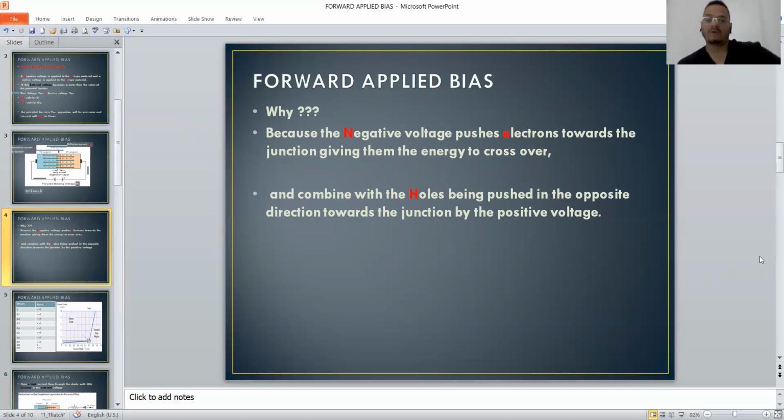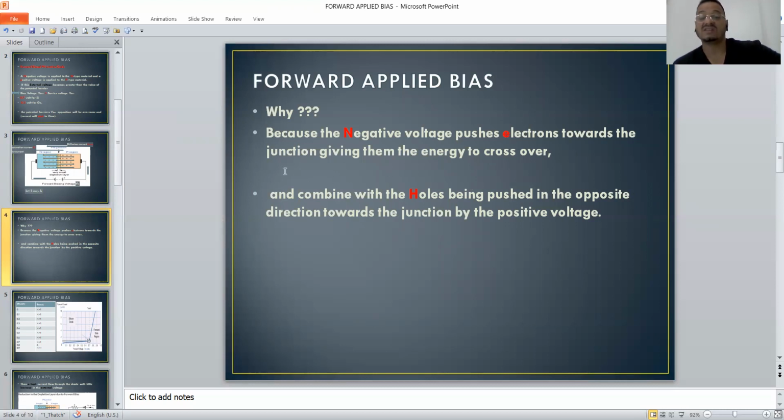Because the negative voltage pushes the electrons. Here we're talking specifically about inside the N region. The negative voltage pushes the electrons toward the junction, which helps them cross the potential barrier, crossing the depletion region to the other side, giving them the energy to cross over it.